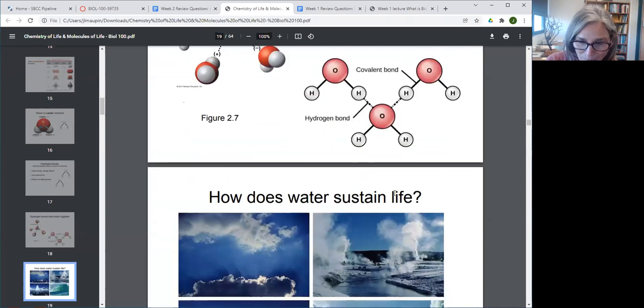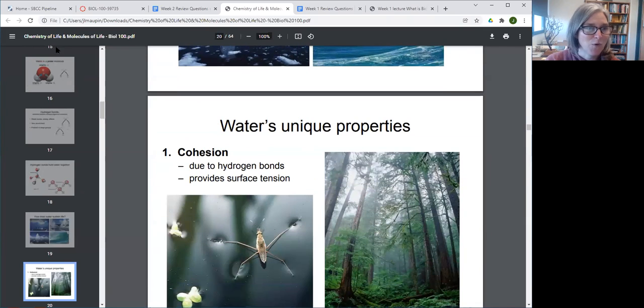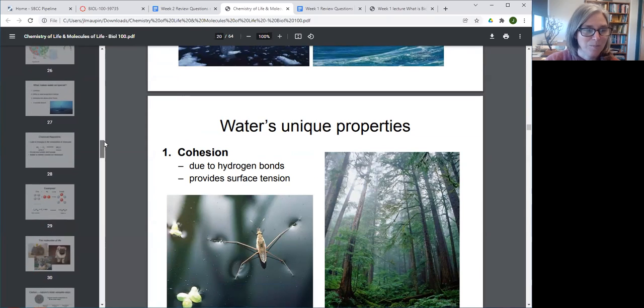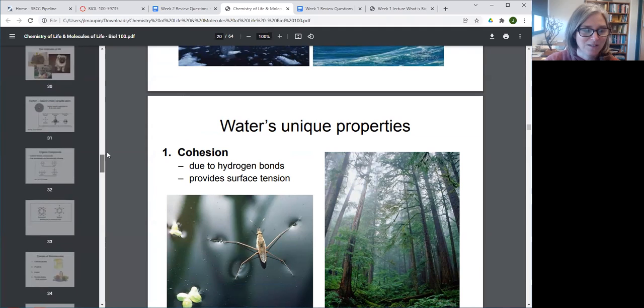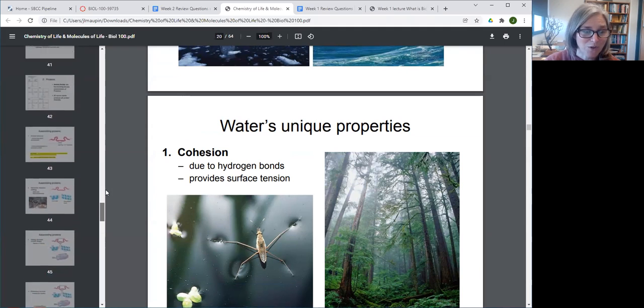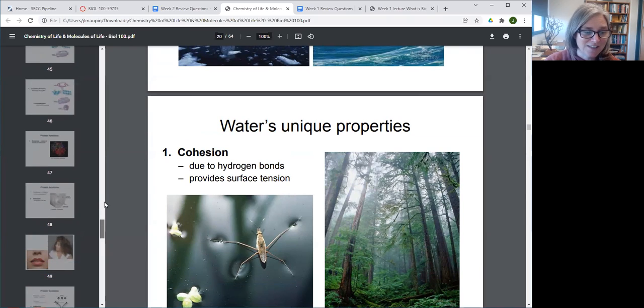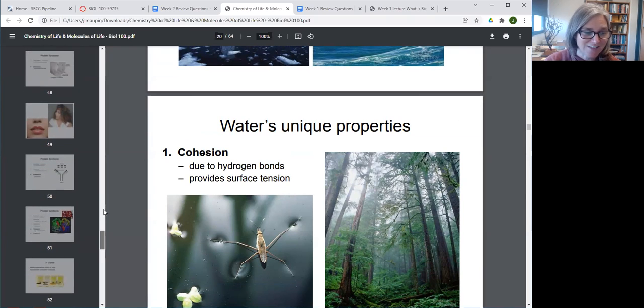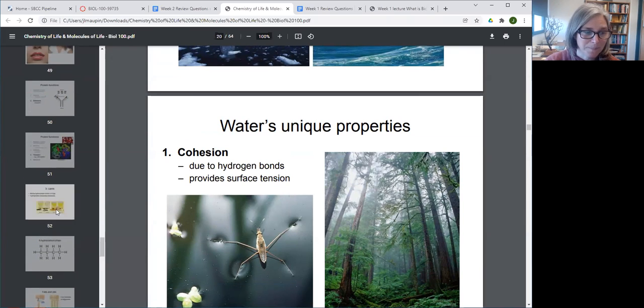So an example, I'm going to move forward into this next part of the lecture on biomolecules. An example of a type of molecule that is not polar at all is a fatty acid, a hydrocarbon.